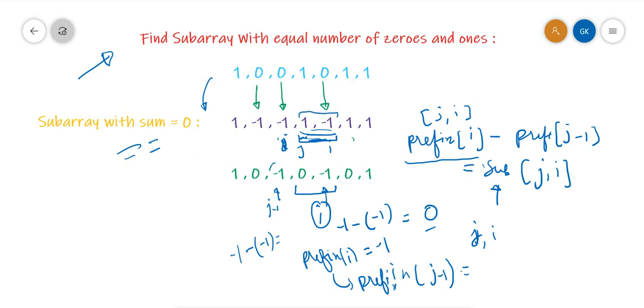So that's why this got repeated in the prefix sum array. If we find the element once again, that means -1 was already present, so there exists a subarray from j to I in the original array which is having sum 0.